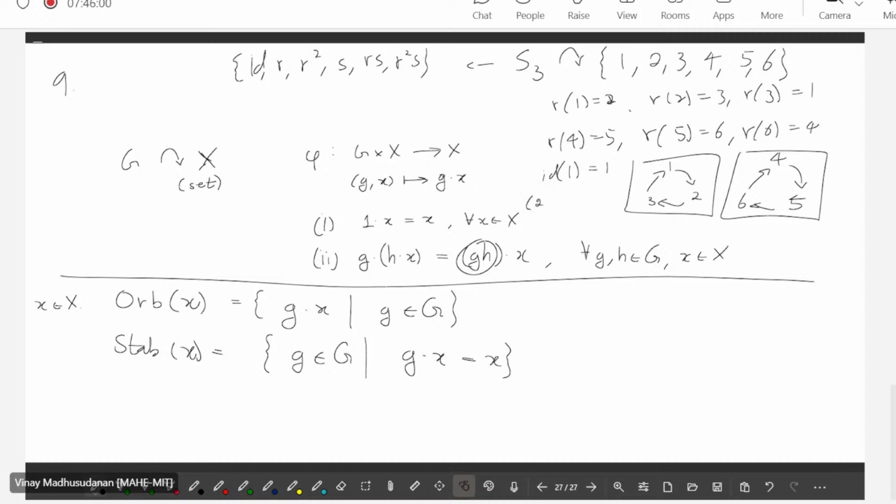Also, oh, I have to use some other notation. This is very bad notation. So I forgot what name we use for 2, 3. It is S, correct. S of 1 is equal to 1 as well. So the stabilizer of 1 is ID comma S, whereas orbit of 1 is 1, 2, 3.